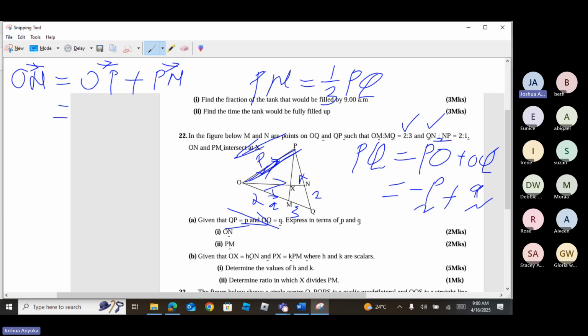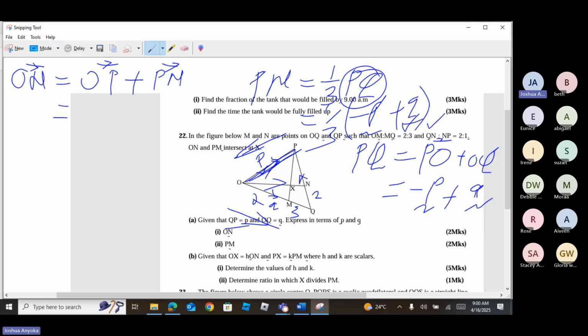Then we get back and substitute here. So vector PN would be a third into negative P plus Q, opening brackets.